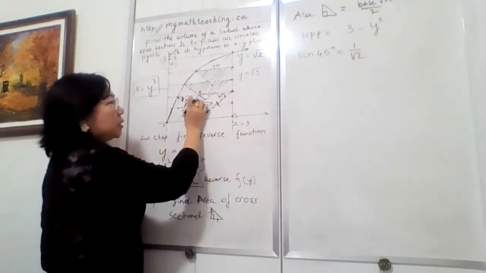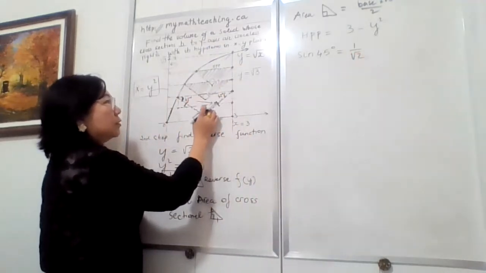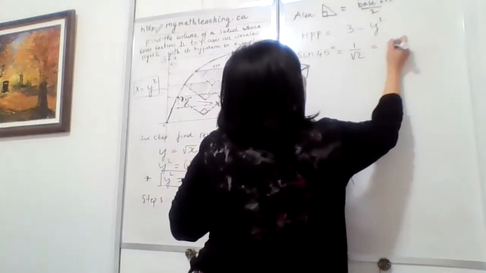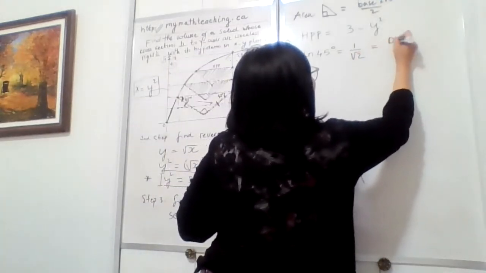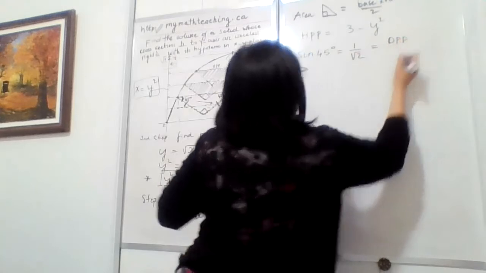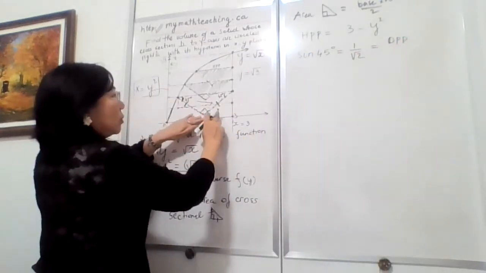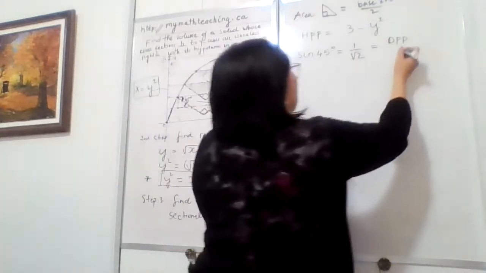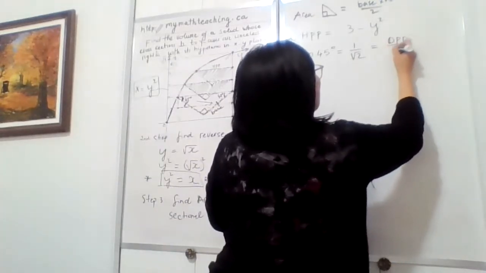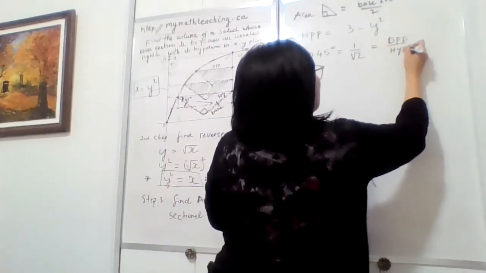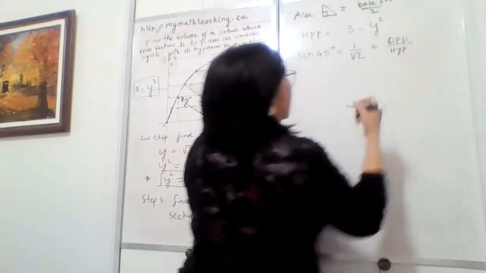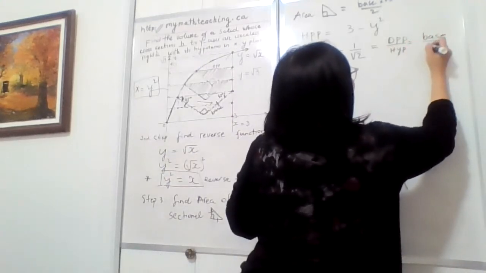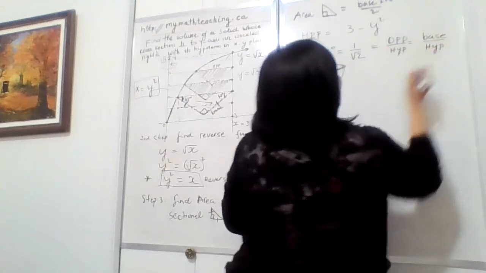Sine of this angle equals opposite divided by hypotenuse. And our opposite turns out to be the base of the right triangle. So opposite over hypotenuse is the same as the base over hypotenuse.